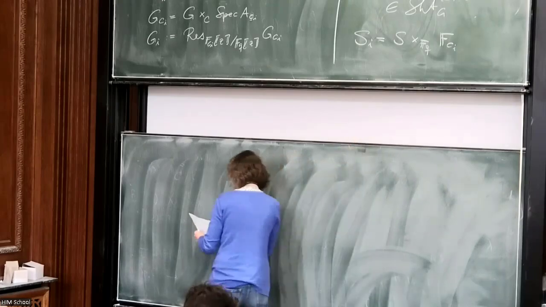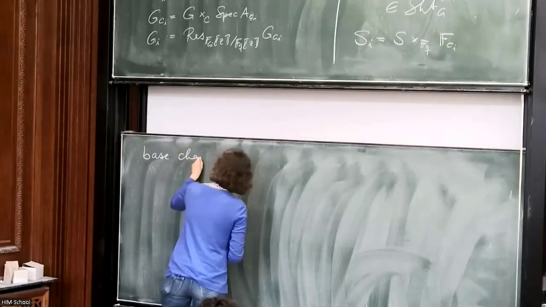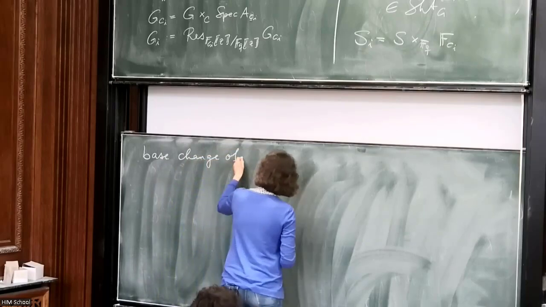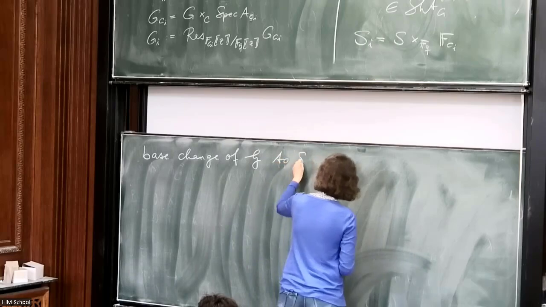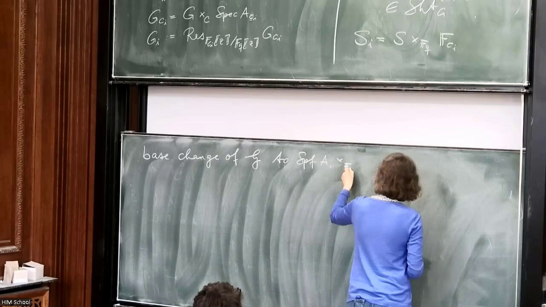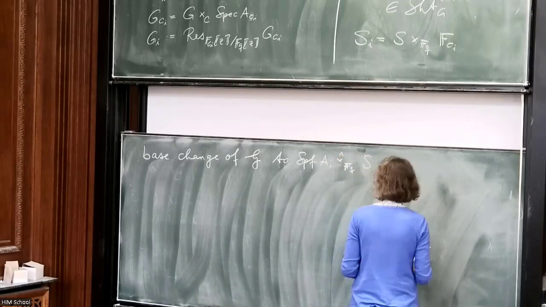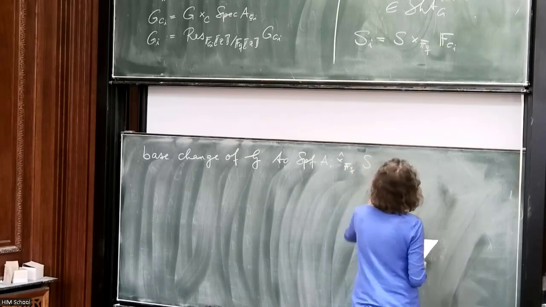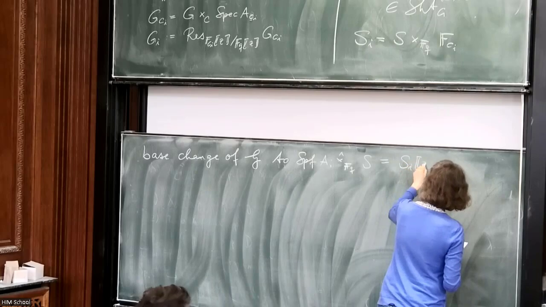And so I just base change. It's nothing but that. So I take the base change of G to Spf AI times FQ hat S. Okay, so what is this? This is SI of Z, right?